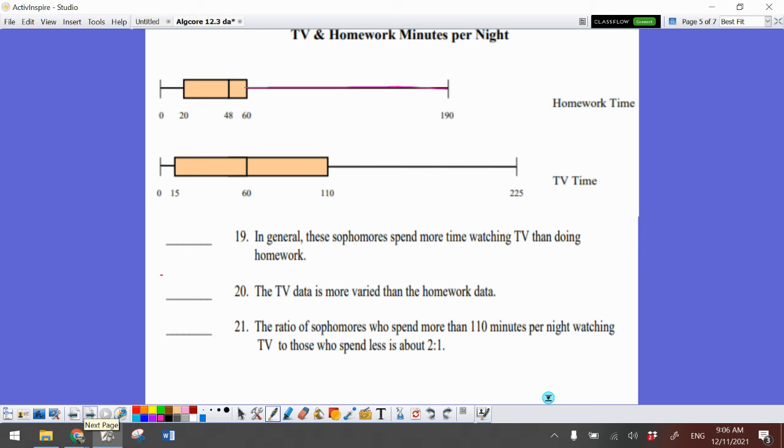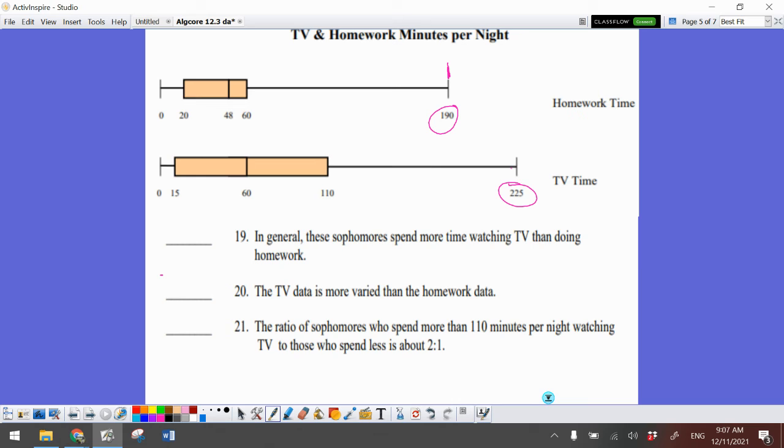All right. Now let's take a look at this one. So we've got our same data. And the question says, in general, these sophomores spend more time watching TV than doing homework. Well, a really good example of what we're talking about with that is look at your maximums. So maximum is 190 versus 225.